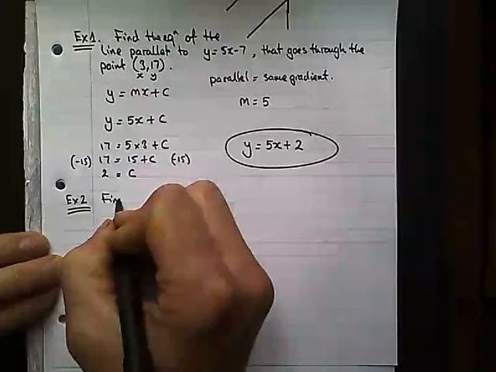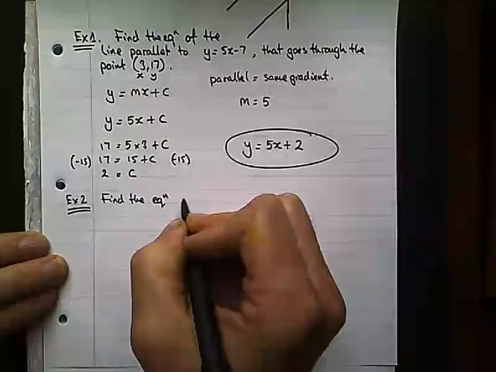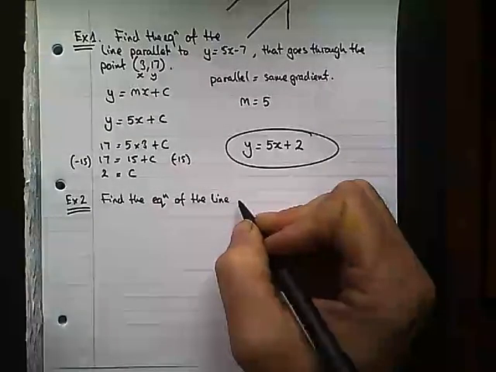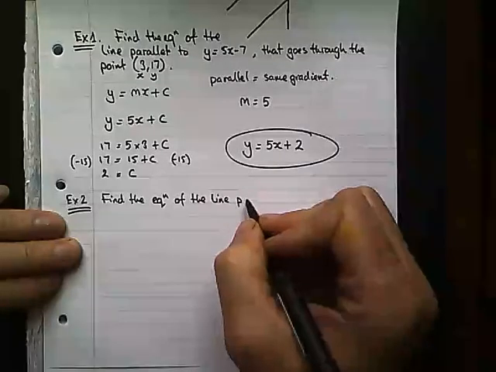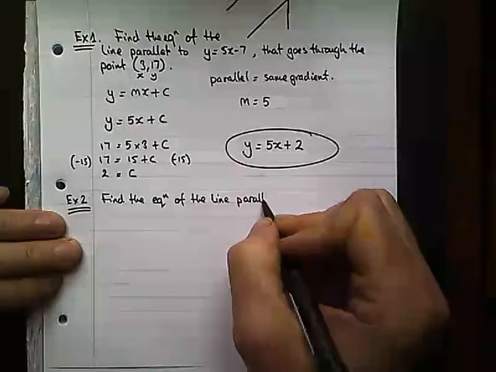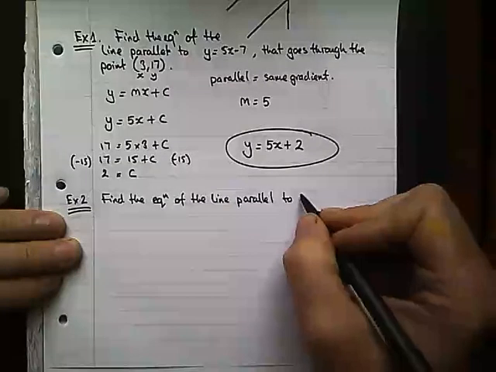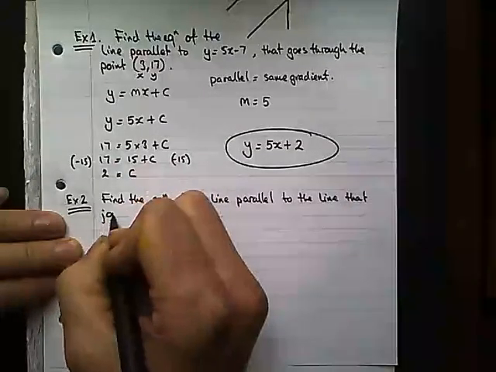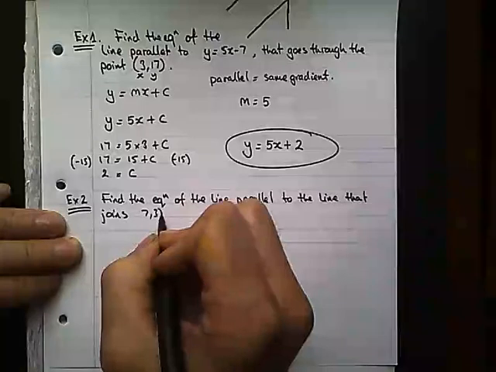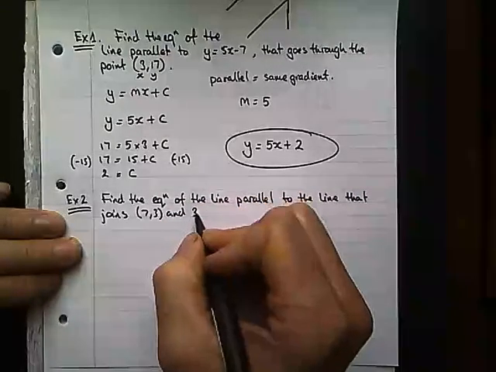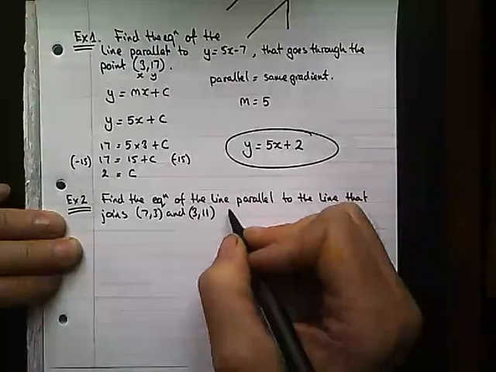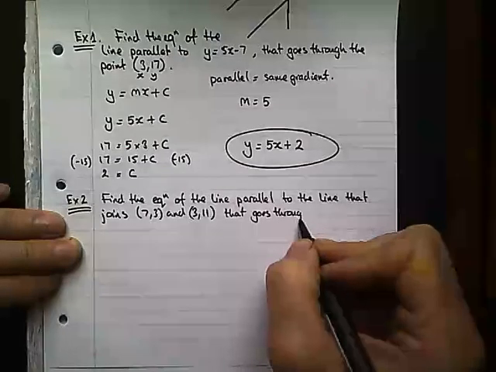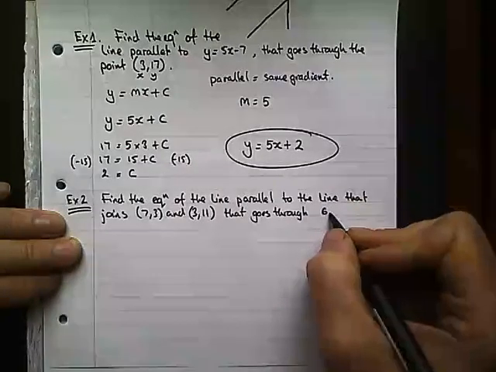Find the equation of the line parallel to the line that joins 7, 3 and 3, 11 that goes through 6, 6.